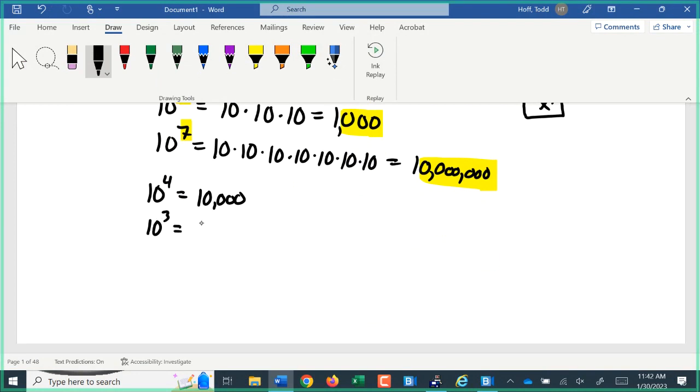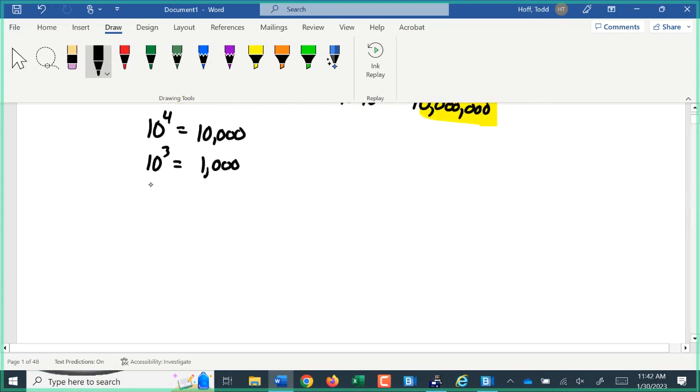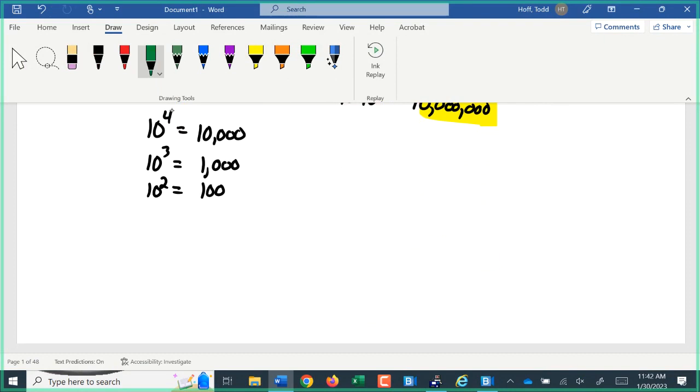10 to the power of 3, with 3 zeros, is 1,000. We just saw that up above. Let's keep going to establish a pattern. 10 to the power of 2 is 100. If we look at what's going on here, each time we reduce the power by 1, our answer is divided by 10. 10,000 divided by 10 is 1,000. 1,000 divided by 10 is 100.